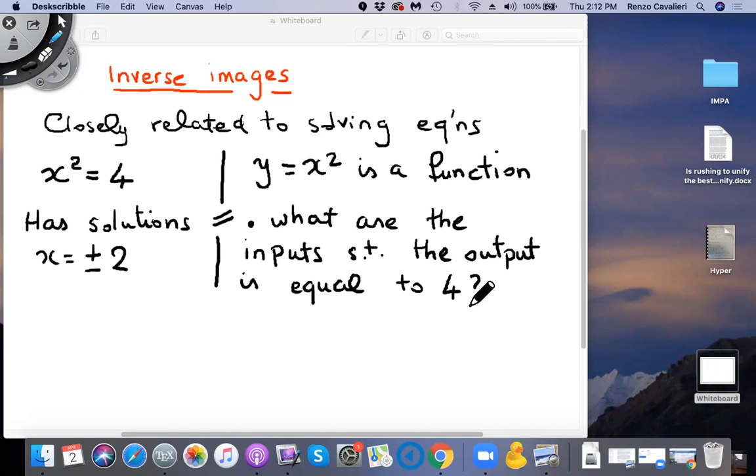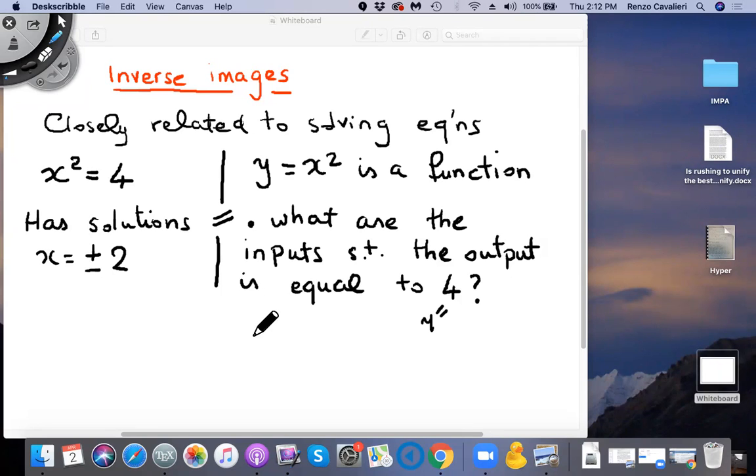This is what it means to solve the equation x squared equals 4, right? Because we're basically saying, let's let y equal 4. And then let's ask ourselves, what are the x's for which the output for that x is exactly 4?